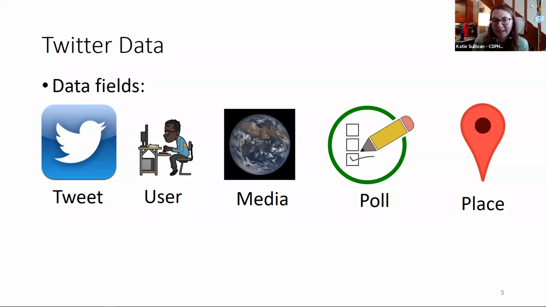There's also a media data object, which is basically an image, a GIF, or a video attached to a tweet if the user has posted one. The poll object gives you the date and time that a poll was created on Twitter, as well as the options available in the poll. And last is the place field, which, if the user allows on their tweet, is the actual geotag of the tweet, including the name of the place and the type of place, like city.